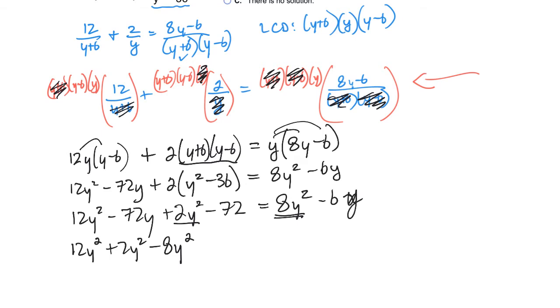Then I have a minus 72y, and bring this over, it'll be a plus 6y, and then I have a minus 72. Did I get everything? 12, 2, yeah, and minus 8, minus 72, plus 6, yeah, and a minus 72, good, equals 0.